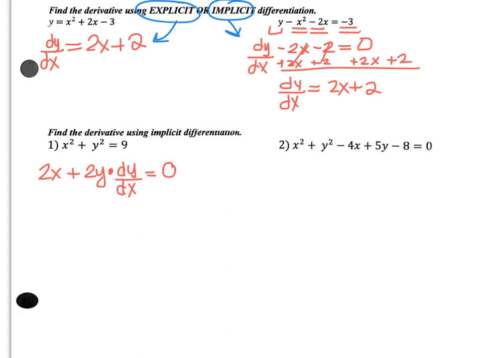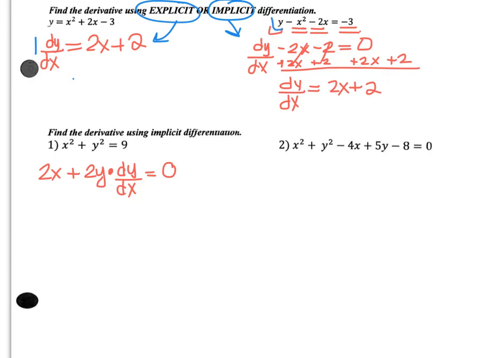So the key here was that because we took the derivative of a y function, we have to write dy dx. We never had to do that for the x's when we took the derivative with x, but when we took the derivative of y, we got dy dx. Technically, the derivative of y is just 1. And we never really write 1 times dy dx.